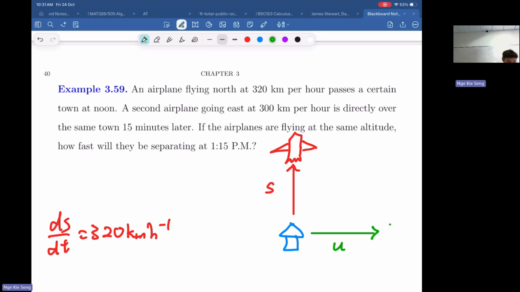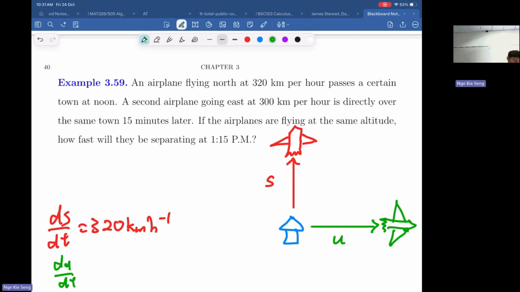Okay, so there's another airplane, such that du/dt is 300 km per hour. This one passes the town 15 minutes later. So let's record the timing here.